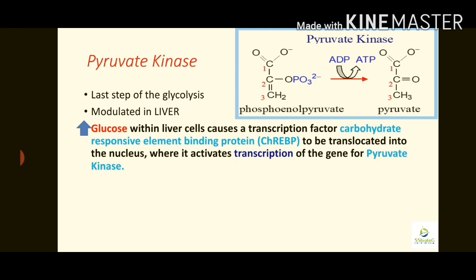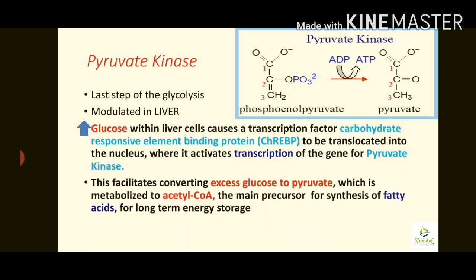High glucose within the liver cell causes the transcription factor, carbohydrate response element binding protein, to be translocated into the nucleus, where it activates transcription of the pyruvate kinase gene. This facilitates converting the excess glucose to pyruvate, which is metabolized to acetyl-CoA, the main precursor for synthesis of fatty acid for long-term energy stores.